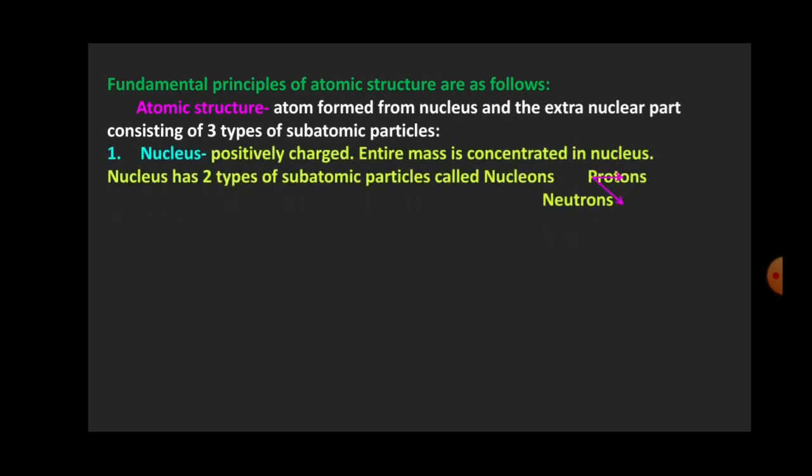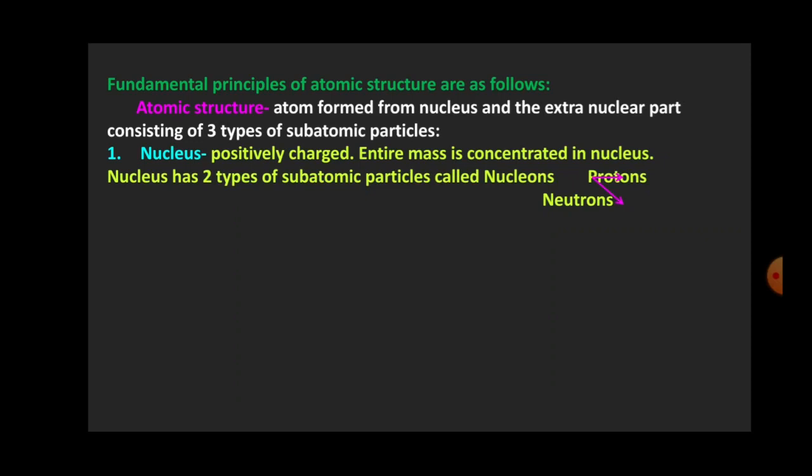First one is the nucleus. Now the nucleus, as I said, is present in the center of the atom. It is positively charged because it contains two types of subatomic particles which are called nucleons. And these nucleons are protons and neutrons.